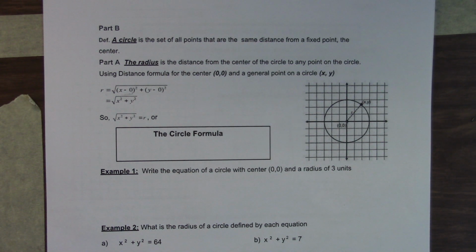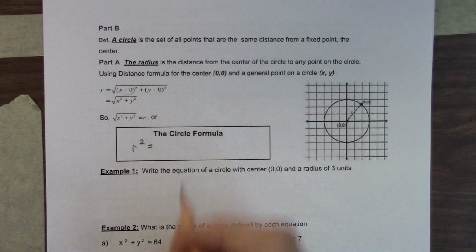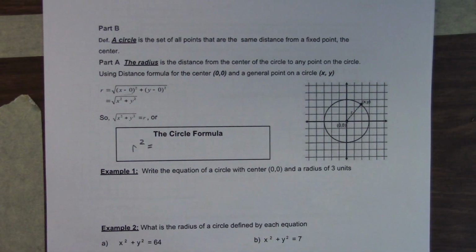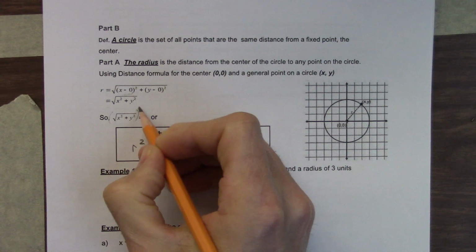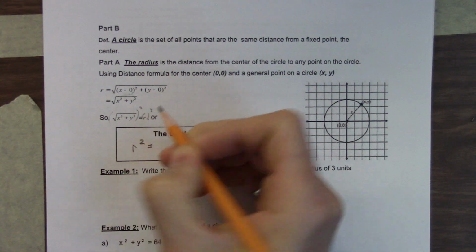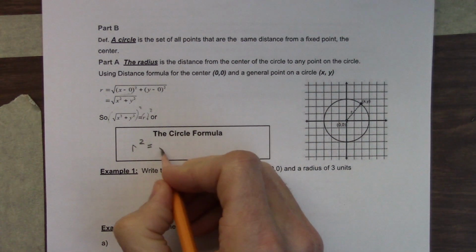Jaden? Yeah, r squared equals what? No, because what we've done, Jaden, is we've got rid of that square root by squaring r, right? So what would it be? r squared equals x squared plus y squared.